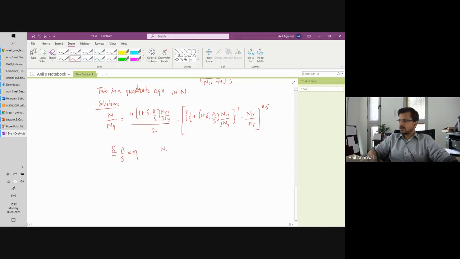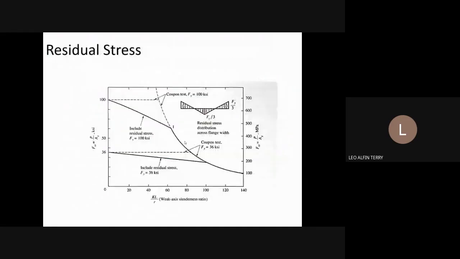Also another value, Ny by n critical. We have already called this something in the previous slides. Can anybody recall? Ny is the yield capacity and n critical is the buckling capacity of a perfectly straight column. What were we calling it? Lambda.